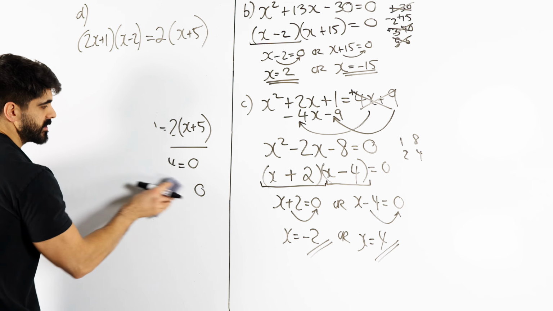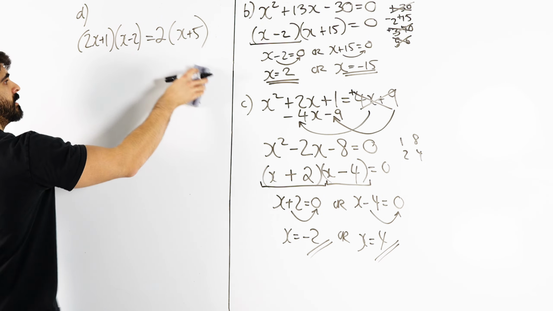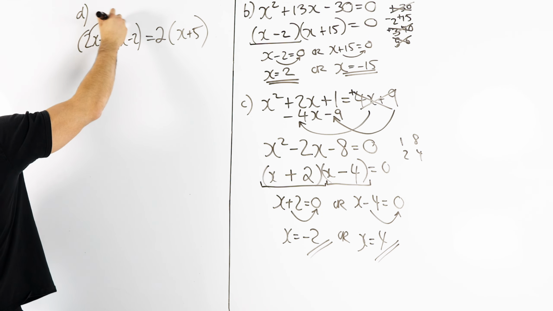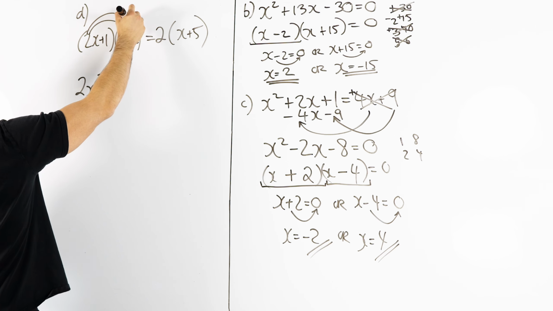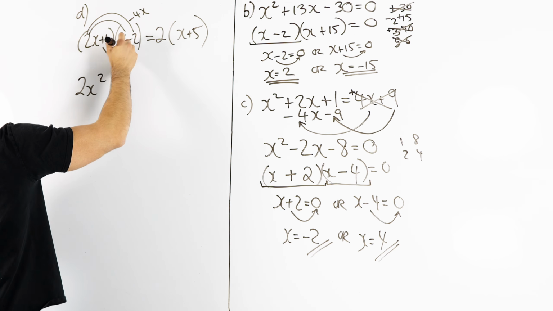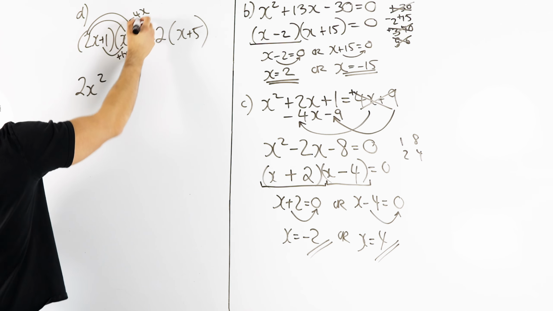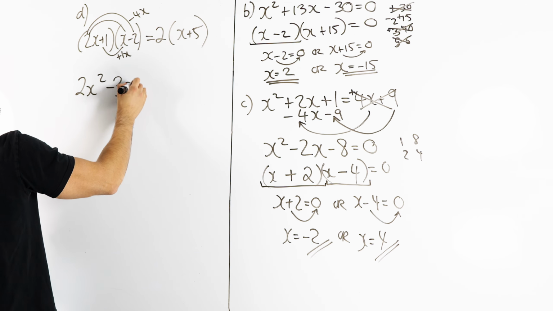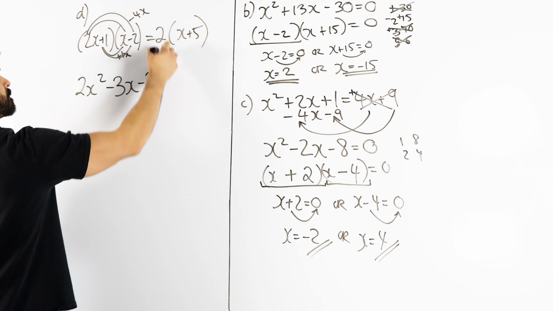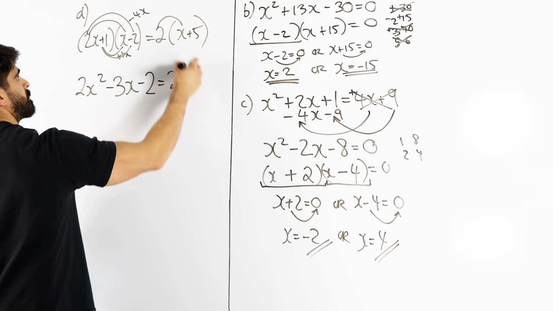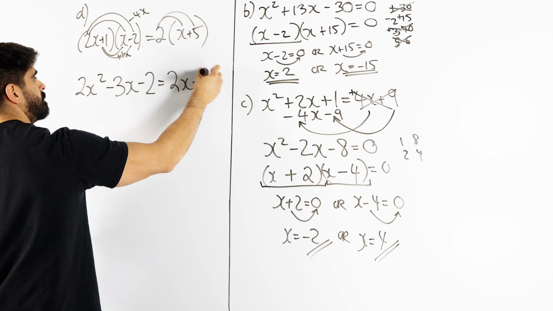But the way we factorize might be a little bit different. So here, 2x times x is 2x squared. 2x times minus 2 is minus 4x. Here we have plus 1x. Minus 4 plus 1 is minus 3x. Then we have 1 times minus 2 is minus 2, which is 2x. And then we have plus 10.